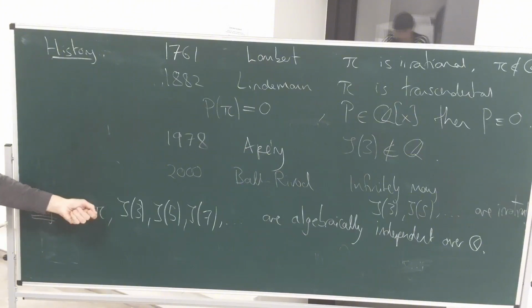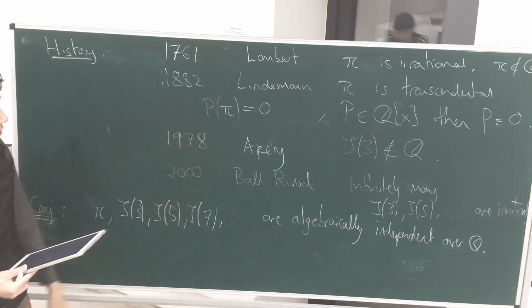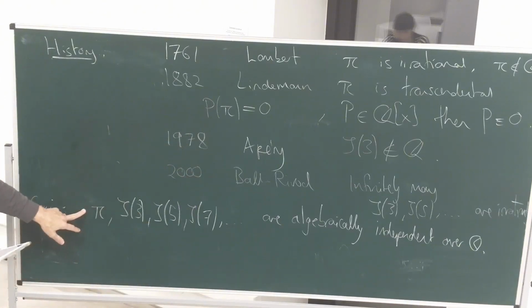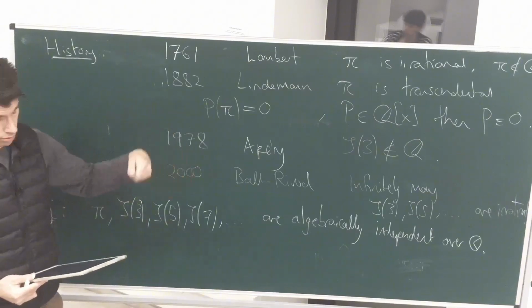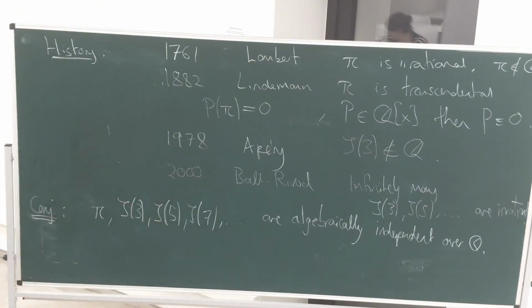There's no algebraic relation between these numbers. So what it means is that the even zeta values all reduce to pi in some sense by this formula, but each odd zeta value is like a completely new quantity, a new number.